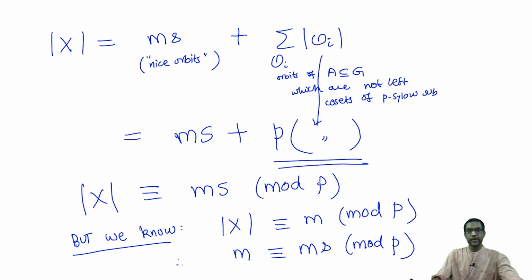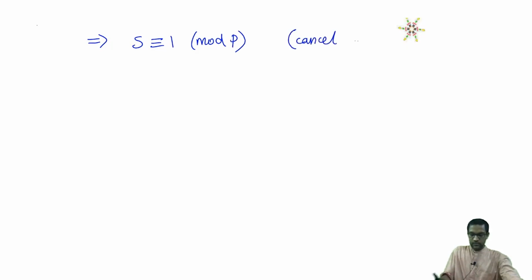You can observe, if you cancel the m from both sides, it implies that S is congruent to 1 mod P. Okay, and so that's the end of the proof.